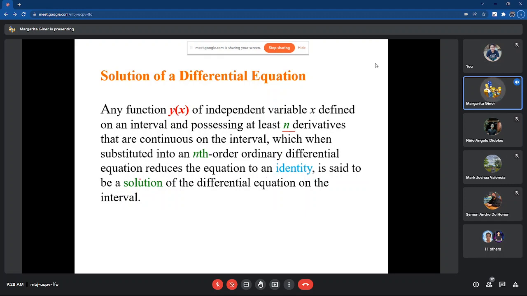So it is said to be a solution of the differential equation. Ano silingon sini? Silingon, pag in-solve mo, ang results sang right side and left side of your equation must be equal. Silingon, ang imong function is a solution to that differential equation.